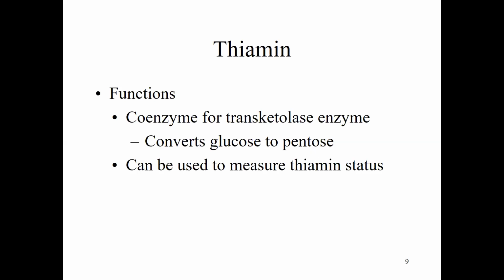And actually, they use this coenzyme function to measure thiamine status. So you can measure thiamine directly in the blood, but you can also measure the activity of this enzyme because the enzyme does not work well if there's not enough thiamine. If it's not at max efficiency, you know that you don't have good thiamine status.